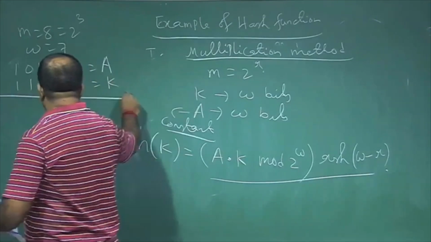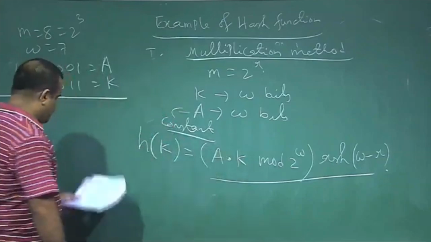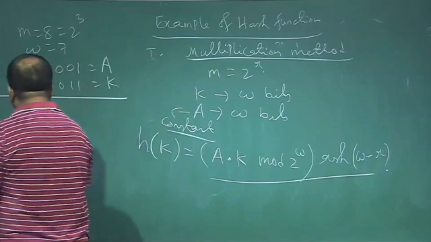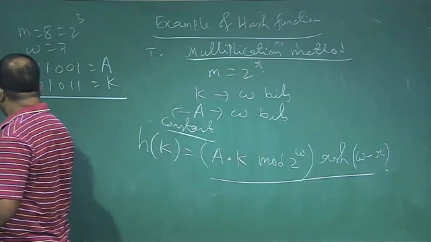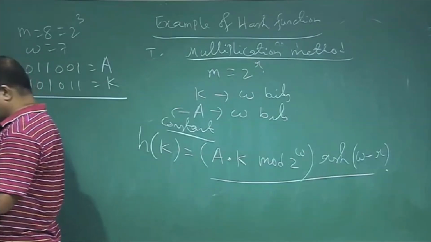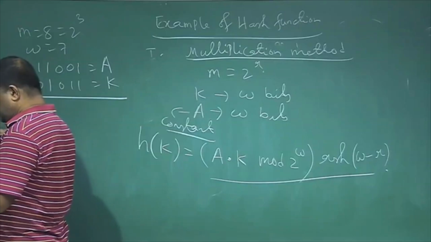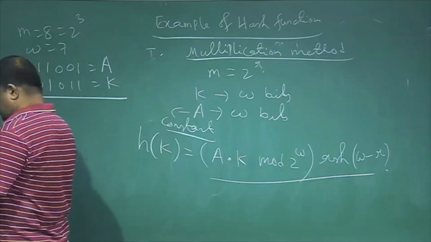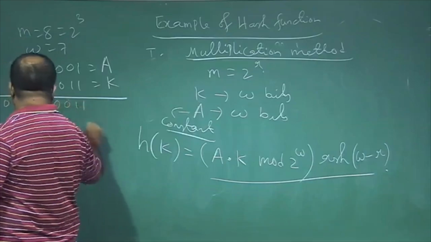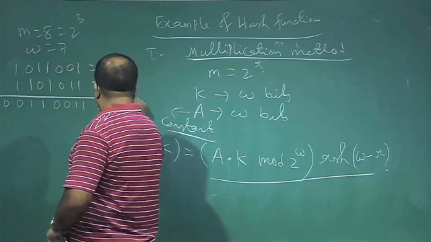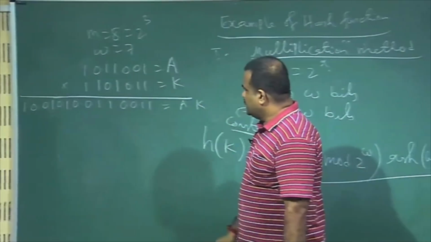Now we apply h of k by this formula. We do a times k. If you do this, we get 2w bits, that means 14 bits: 1 0 0 1 0 1 0, then 0 1 1 0 0 1 1. So, this is a times k, just a 14 bit number.